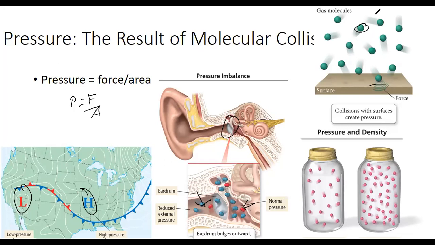For gas molecules, the hotter a gas molecule is, the faster it will move. So higher temperature equals higher speed, and when it hits a surface, the greater the force will be.